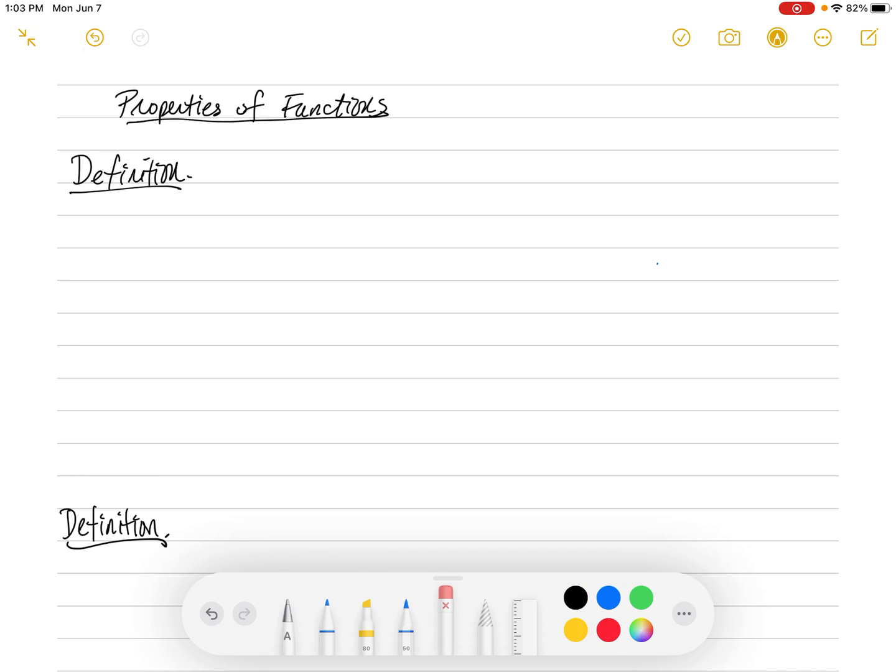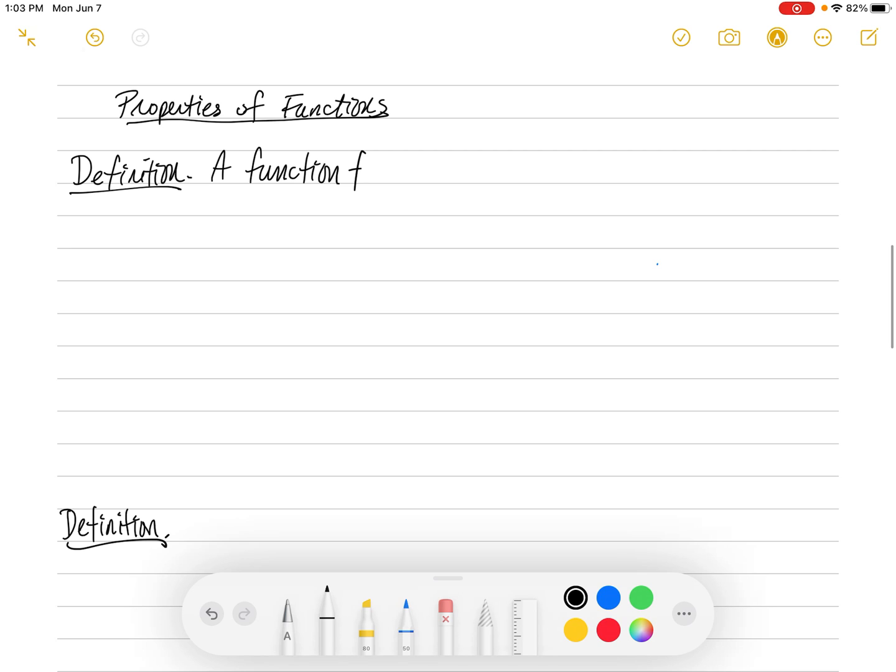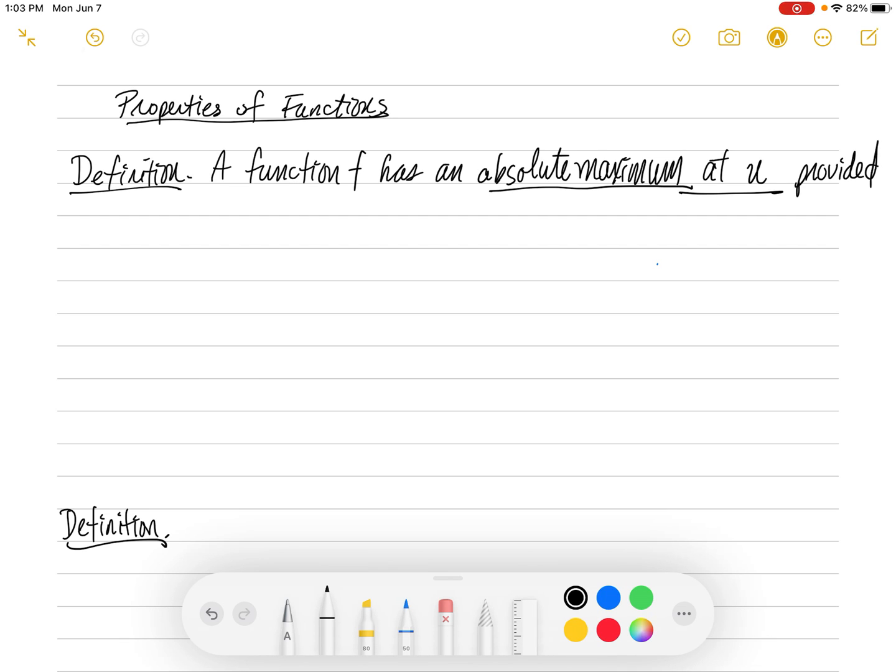Okay, here we go. So we're going to do a definition. What is an absolute max? So not a local max, absolute max. So a function f has an absolute maximum at some particular x value, let's call it u, provided the following happens. f of x is less than f of u for all x values, every single x value.